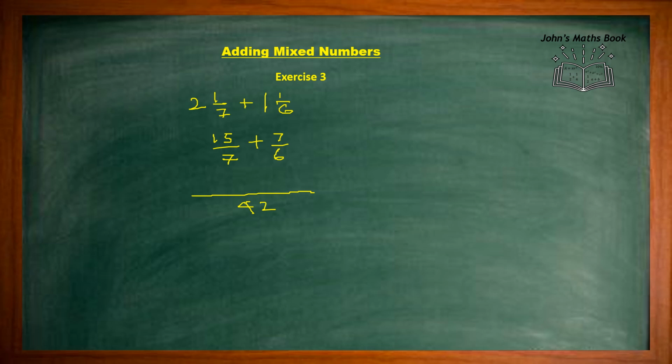So let's work out the new numerator. We have 7 into 42 goes 6 times, multiplied by 15, plus 6 into 42 goes 7 times, multiplied by 7.